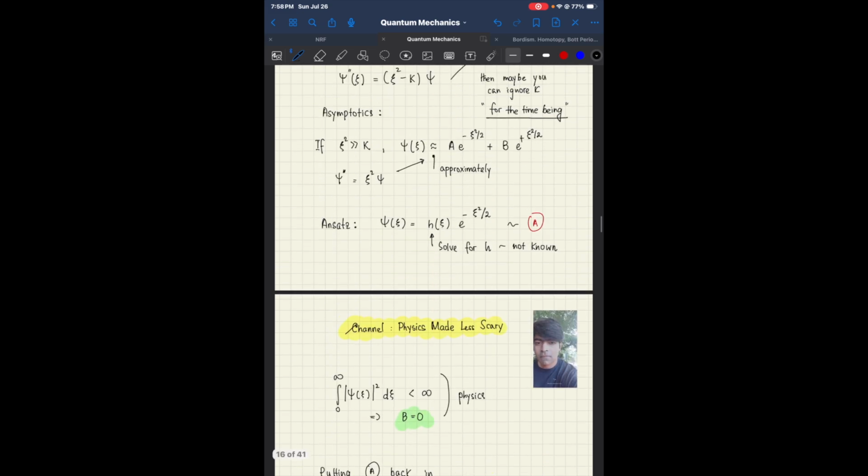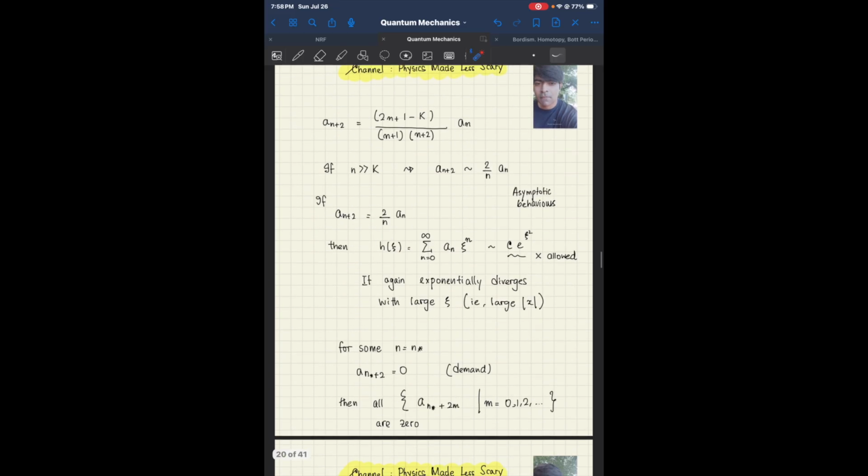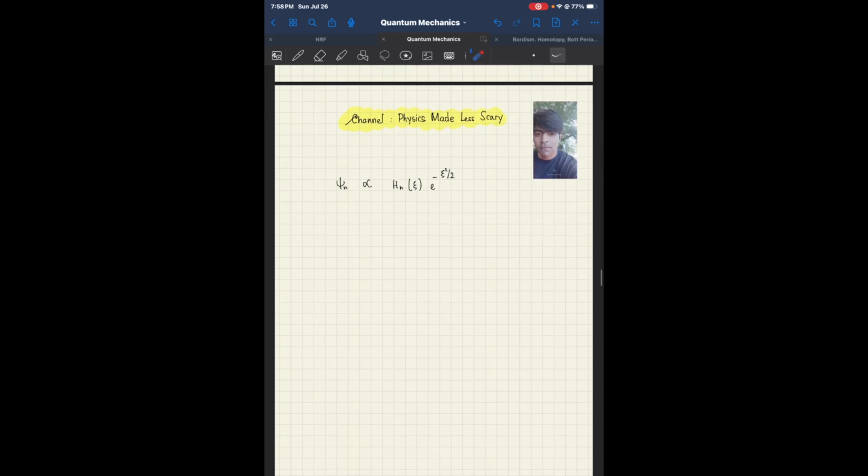Where was it? Yes, here. So this term was always there, and you can show using the recursion relations that this H, there's a reason why Griffiths called it H, these are actually the Hermite polynomials.